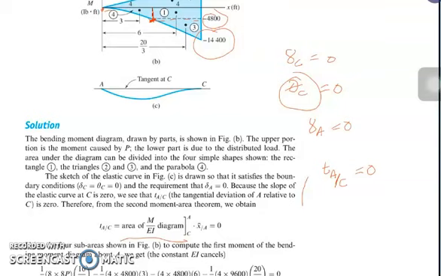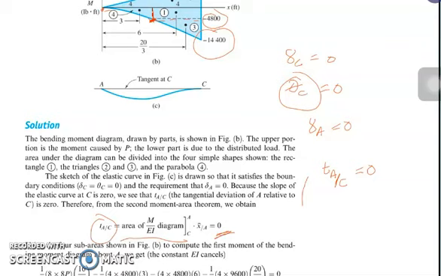Our reference point for the centroid is at point A. Since the slope at point C is equal to 0, the tangential deviation of point A with respect to C is equal to 0.